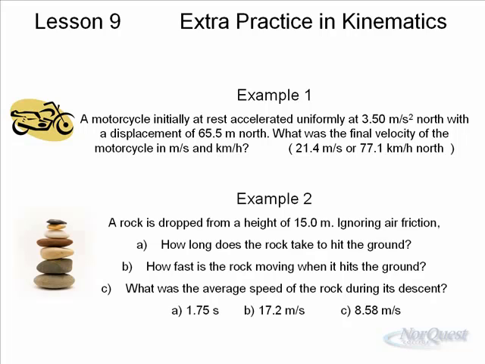So continuing on, another example, a rock is dropped from a height. Of course, when an object is dropped, the initial velocity is 0. So we already know the initial velocity here is 0. It falls 15 meters. Which way is it falling? Well, it's falling down. Most people that are doing this kind of problem will make the 15 meters negative because it starts at the top, ends up at the bottom.